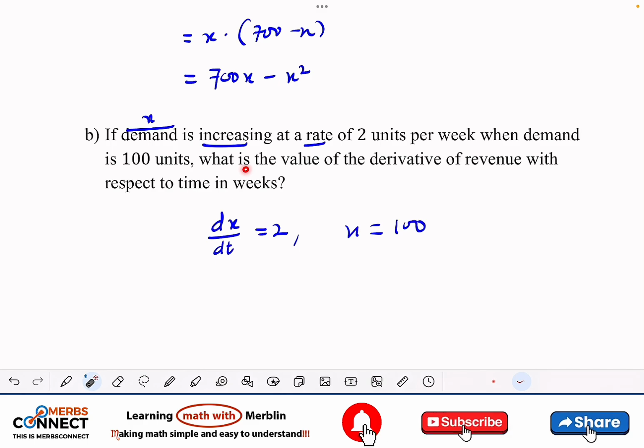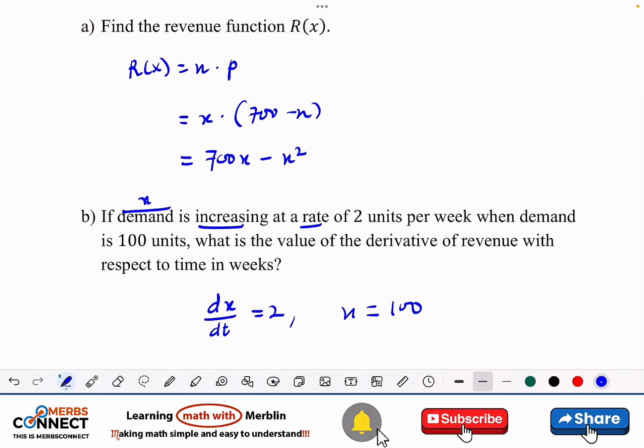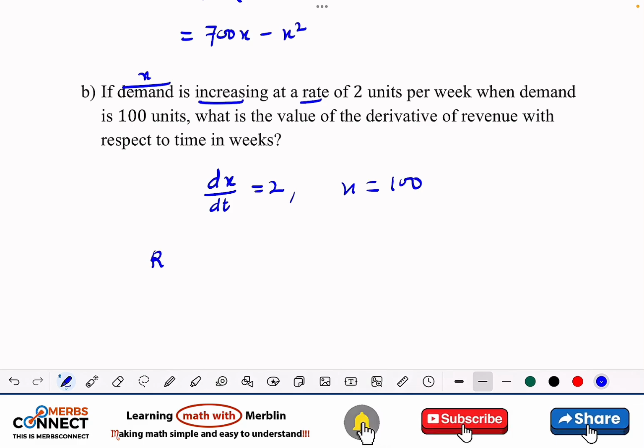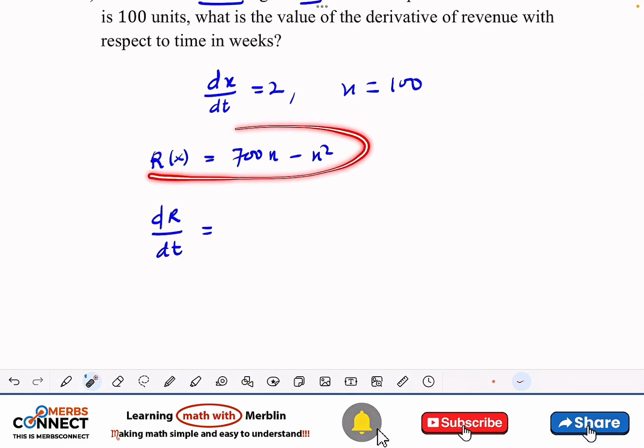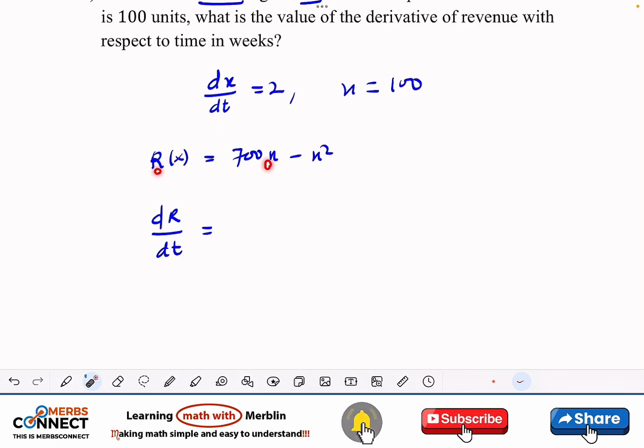The question is, what is the value of the derivative of the revenue? So what is the revenue? We found out that the revenue is equal to 700x minus x squared. Since now we are looking for the derivative, we are looking for dR over dt. So remember, we are differentiating with respect to t, not R or x.